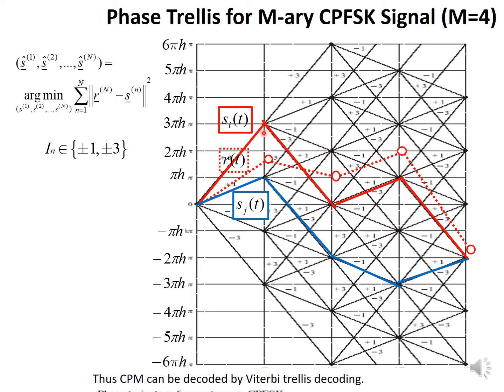Locally the distance may not be the best. This blue line has a shorter distance with the received signal, and this red line may have a longer distance.